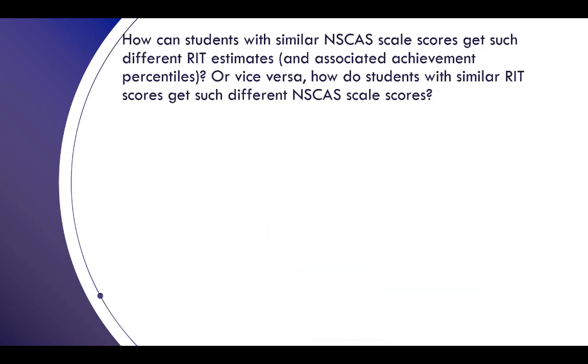Next question. How can students with similar NSCAS scale scores get such different RIT estimates and associated achievement percentiles? Or vice versa, how do students with similar RIT scores get such different NSCAS scale scores?